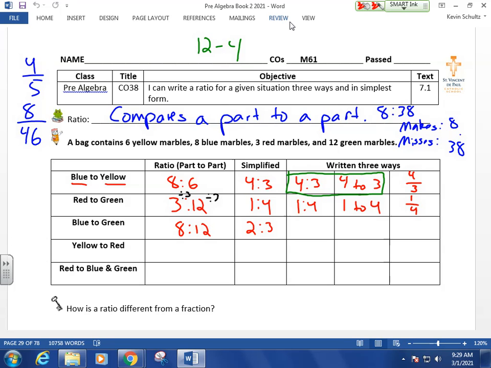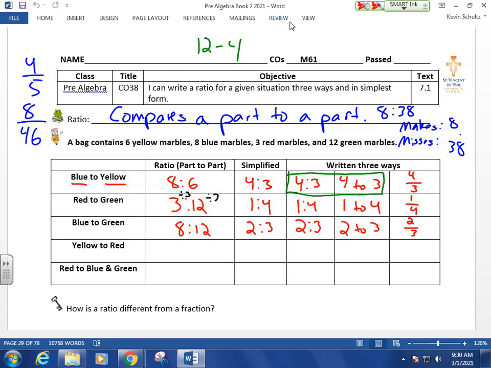Written 3 ways, 2 to 3 with a colon, 2 to 3 with the word, and if we are talking about something like slope, 2 to 3 rise over run. Okay. How about yellow to red? Yellow to red.